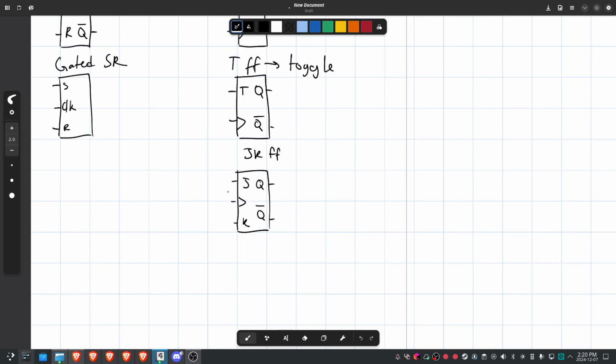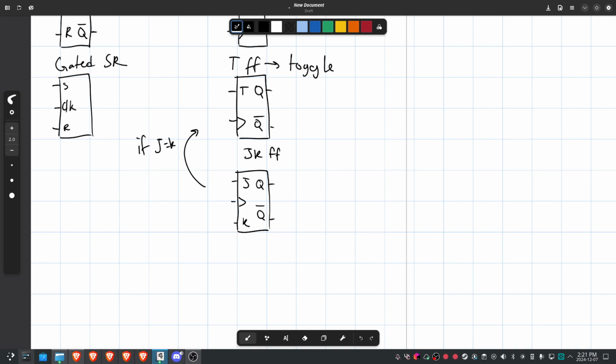In JK, if both of them are on, it acts as a T flip-flop. So if J is equal K is equal 1, or if J is equal K, really, it acts like a T flip-flop, right? If both of them are 0, nothing changes.